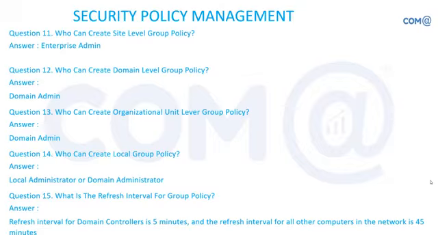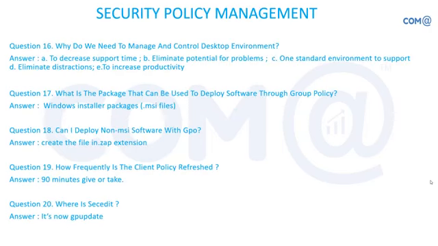What is the refresh interval? 5 minutes to 45 minutes based on the size of the network, whether it is intranet, internet, or extranet. It will take 45 minutes maximum. Why do you have to control the desktop environment? To have uniform access for all users, a controlled desktop environment for all users, and for installing software. What package can be used?